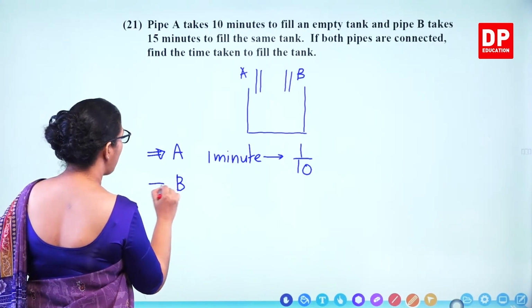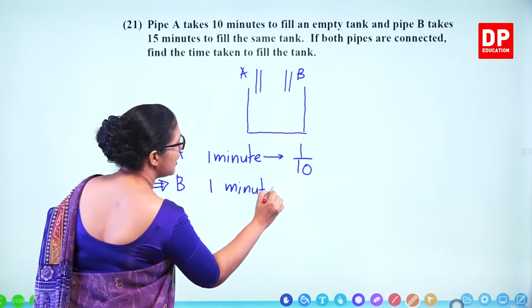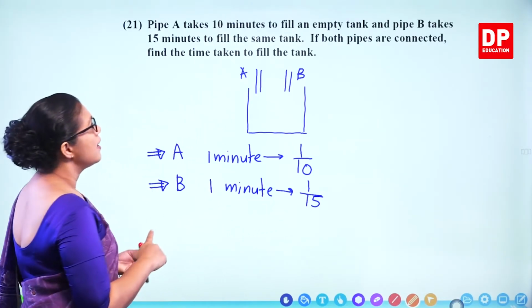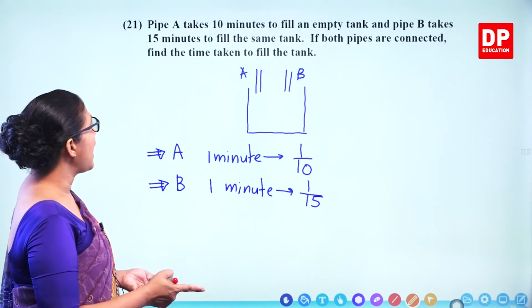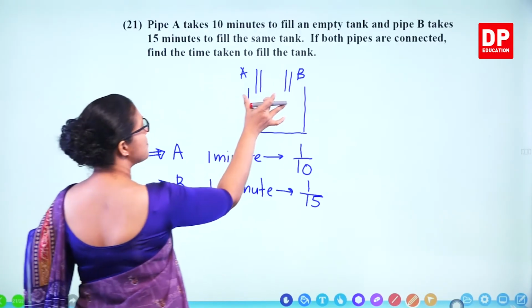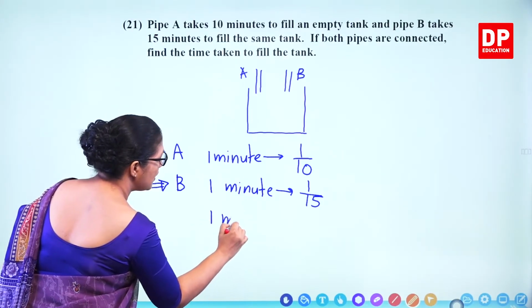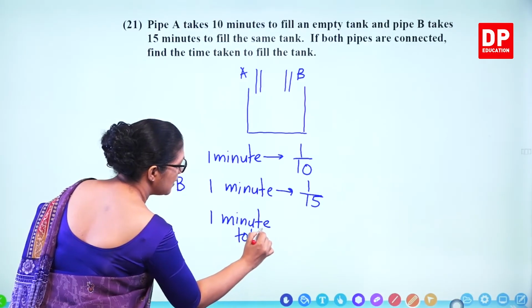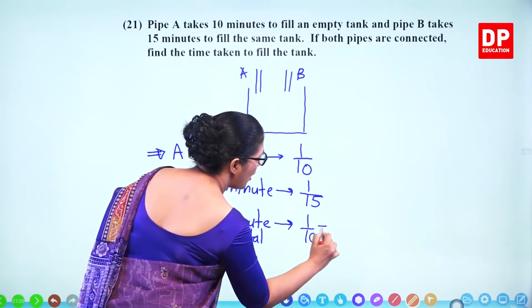If you take pipe B, within 1 minute you can fill 1/15 of the tank, because 15 minutes to fill the whole tank. So if both pipes are there, what's the total within 1 minute? Total volume filling 1/10 plus 1/15.